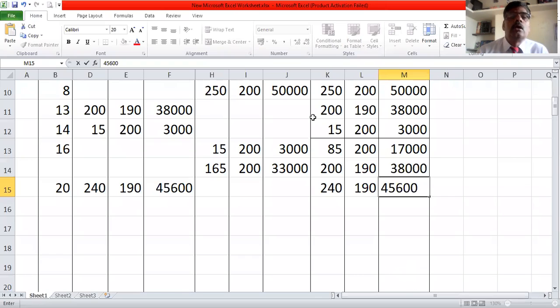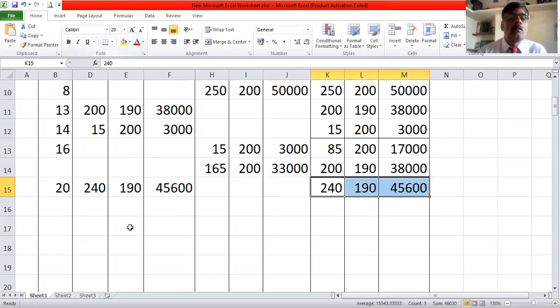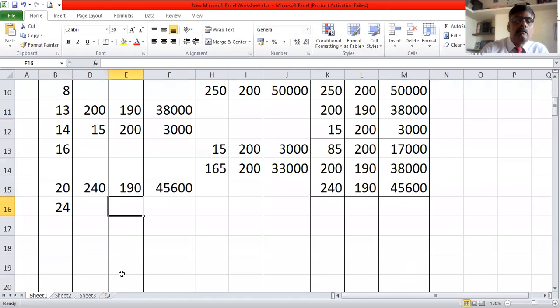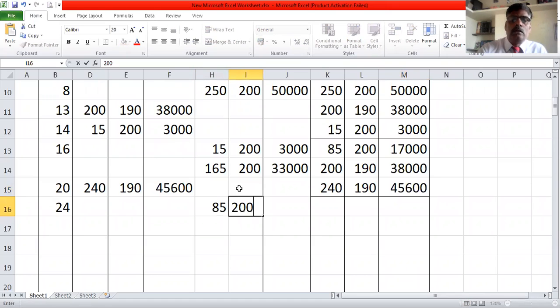20th. The next is 24. There is an issue. Therefore, you put the underline, and date is 24. Issue is 300 tons. 300 tons you have to issue. So you issue 85 from the first lot, 85 at the rate of 200, 17,000. You issue first. Then you take the second lot, 200 at the rate of 190, 38,000.